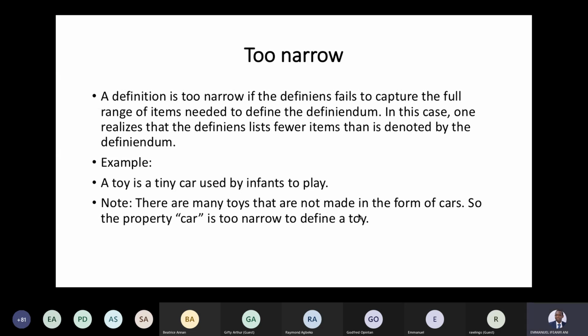Now you know that there are many toys that are not tiny cars. Tiny cars are not the only kinds of toys. Apart from tiny cars, you have so many other toys. So when you say a toy is a tiny car, the definition is too narrow. Not all toys are tiny cars. So using tiny car to define a toy is a narrow definition.